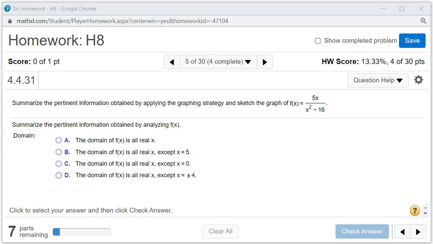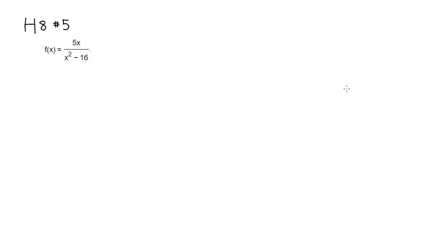We don't want the denominator to be 0. So we look at x squared minus 16. We don't want that to be 0. Since 16 is 4 squared, we can factor it as x plus 4 times quantity x minus 4, and we don't want that to be 0.